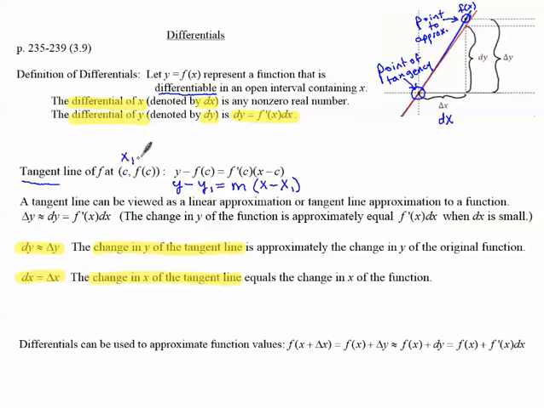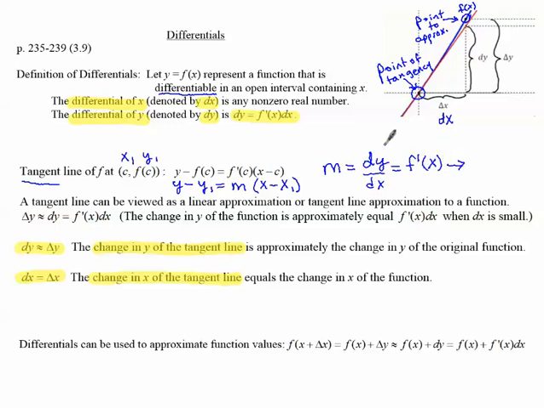This is our x sub 1, and this is our y sub 1 in this point right here. How do we find the f prime of c, or the slope? By taking the derivative. So our m, or f prime of c, is the dy dx, which equals the derivative of the function, or f prime of x.